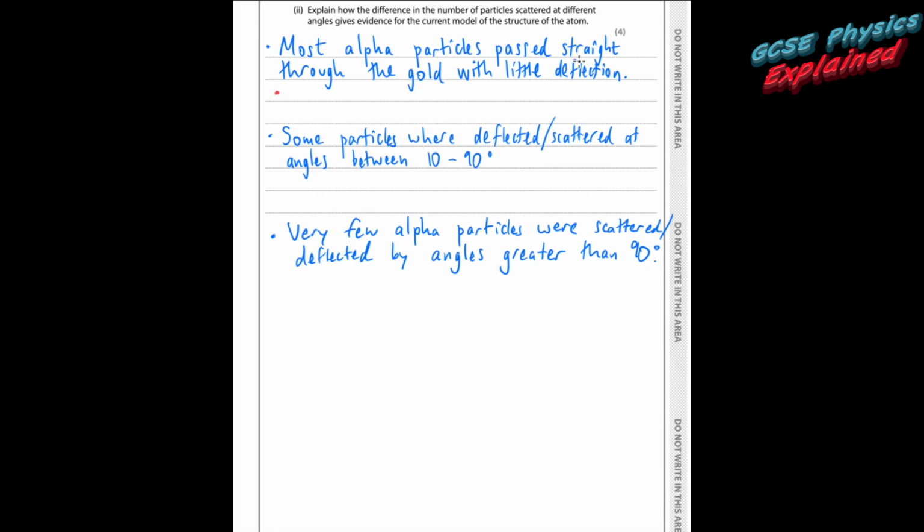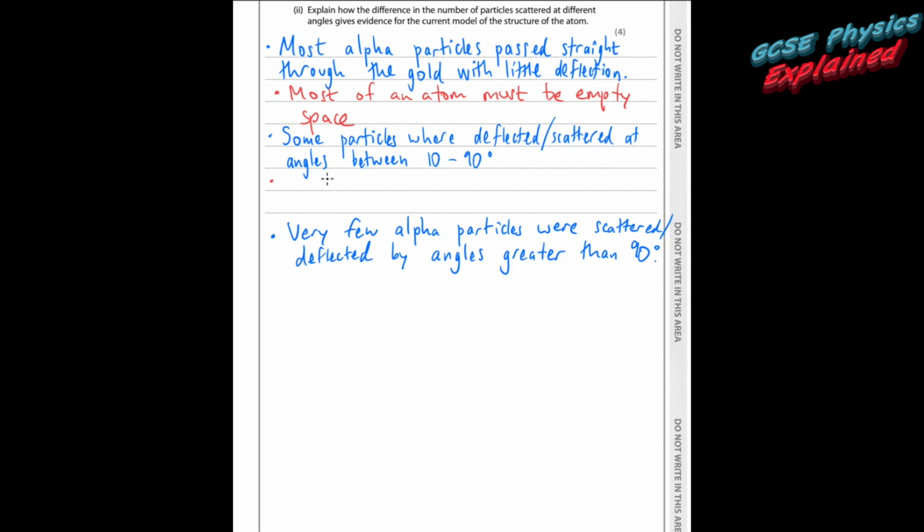Most alpha particles pass straight through the gold with little deflection, so that means that most of an atom is empty space. Some particles were deflected or scattered at angles between 10 to 90 degrees. Now they know that an alpha particle is positively charged.